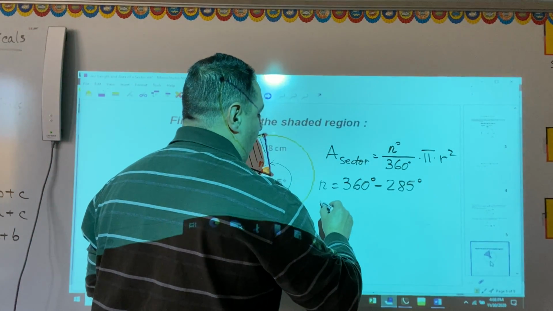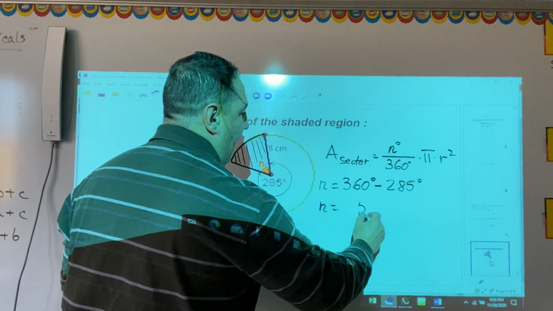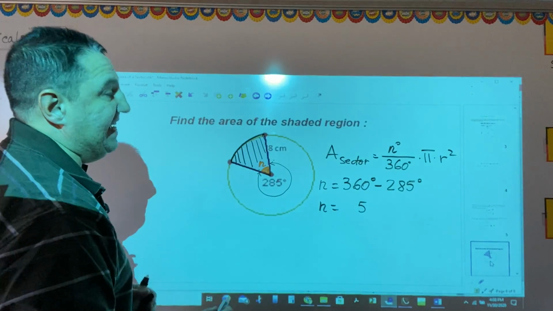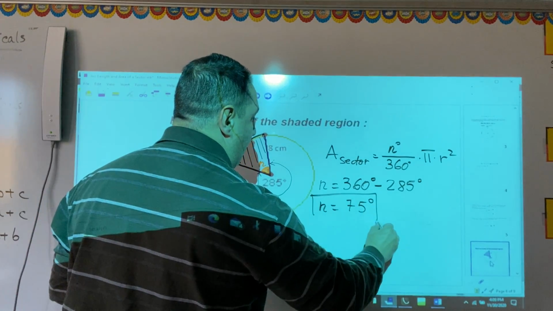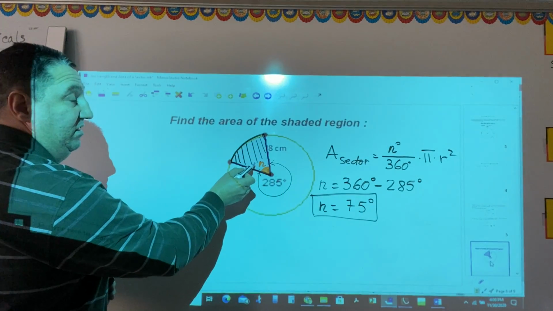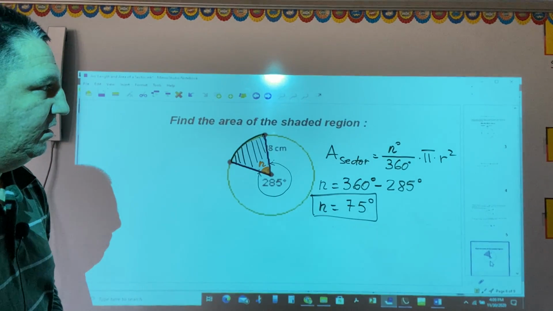After subtraction, we get n equals 75 degrees. So that's the measure of the central angle of this sector of the circle.